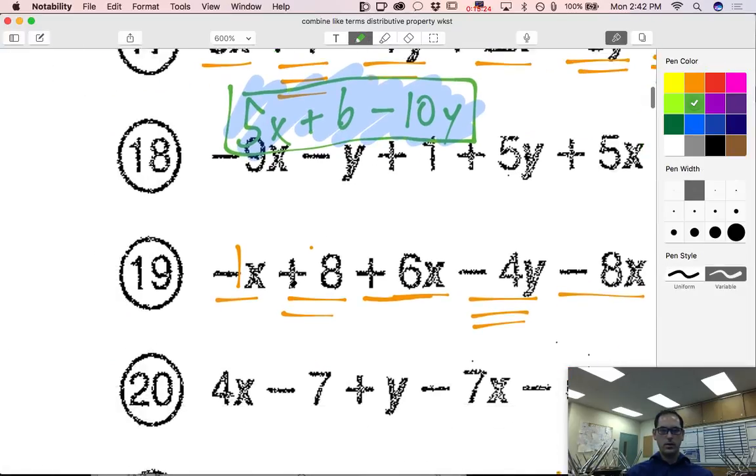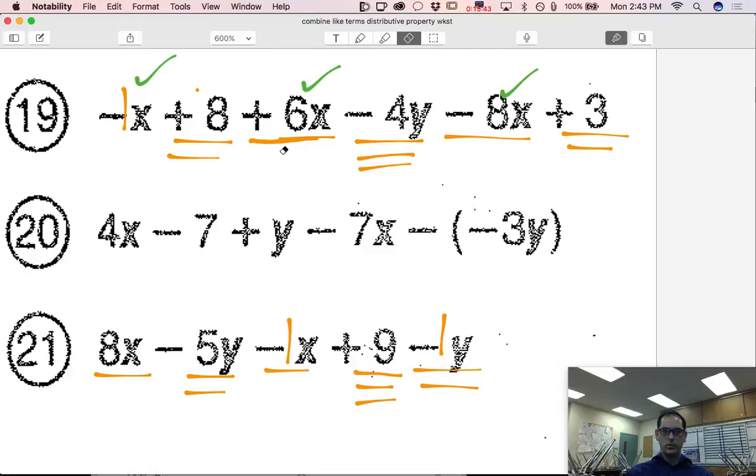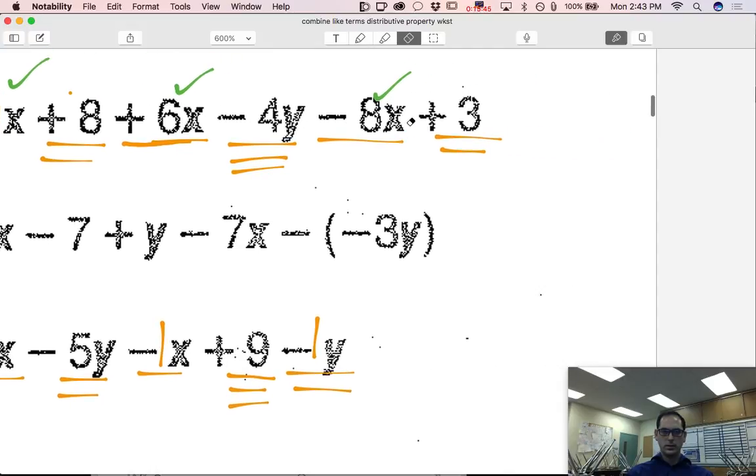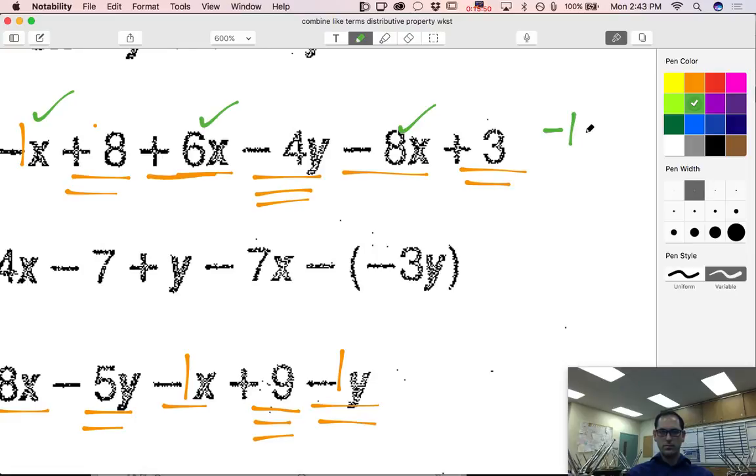All right, now two more. 19, negative 1x, anything a like term with negative 1x, 6x, and negative 8x. So negative 1 plus 6 is 5x. 5x minus 8x is what? So there are three terms here, so I'm going to do a little work on the side for that. So we had negative 1 plus 6 minus 8. Negative 1 plus 6, I like to draw arrows so then I know I'm doing that one.